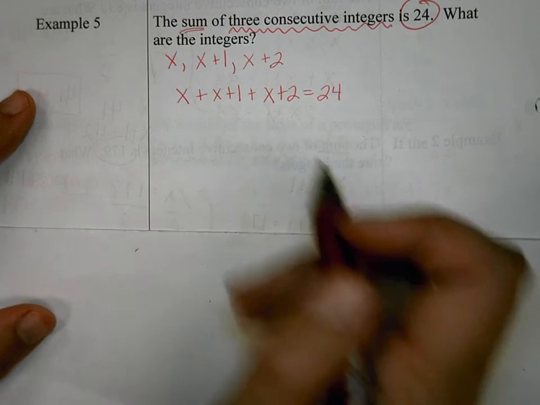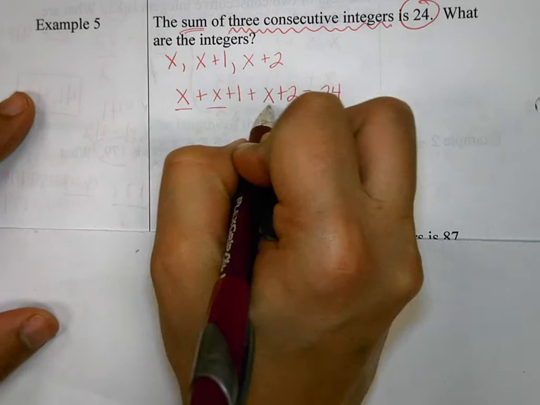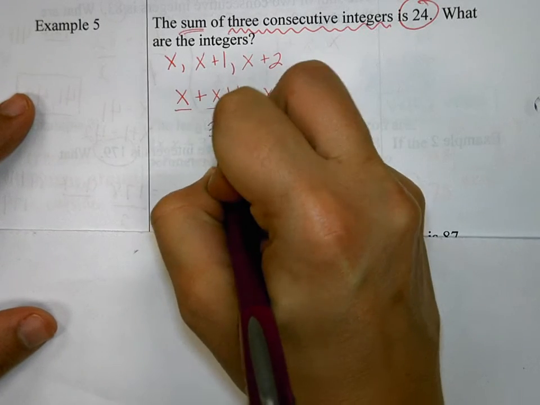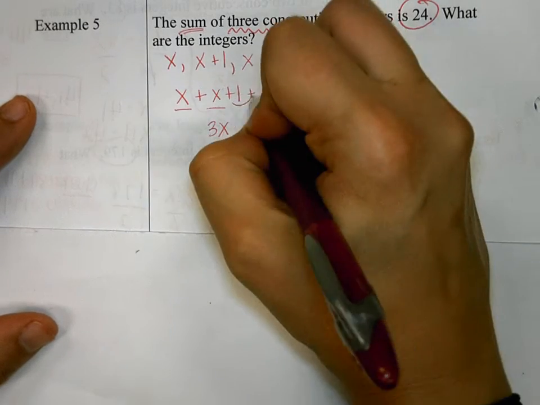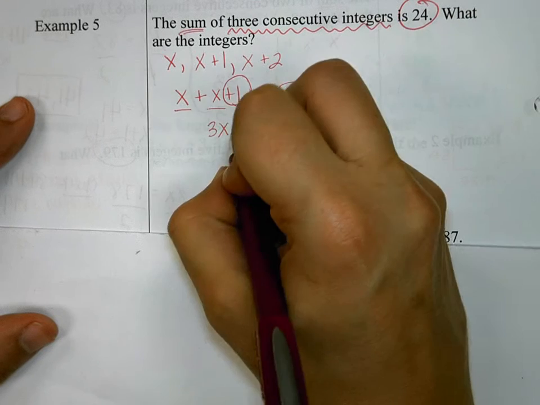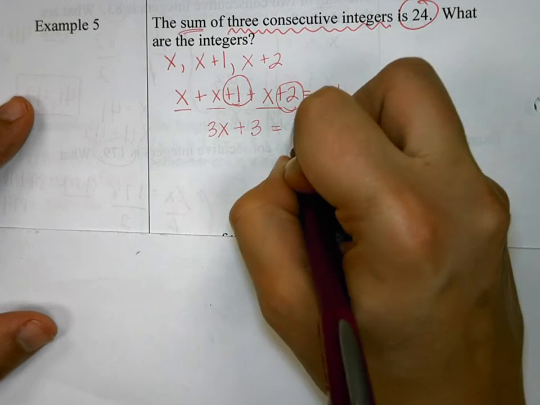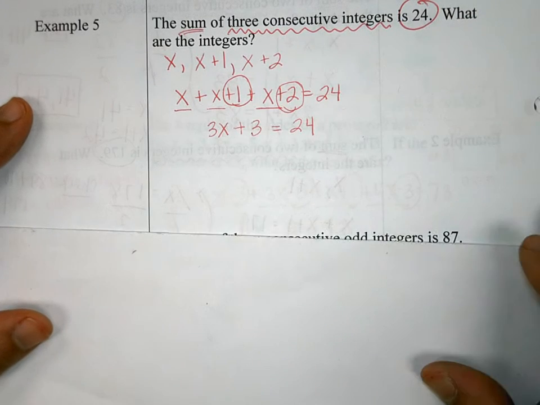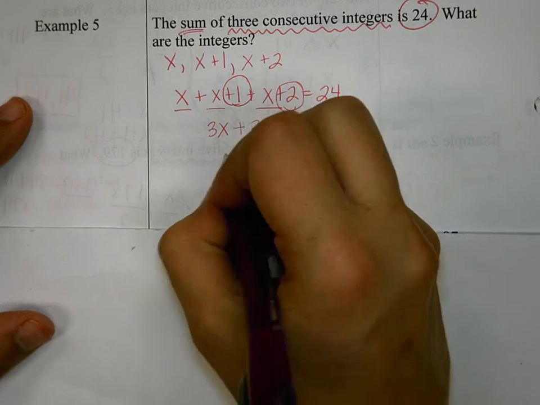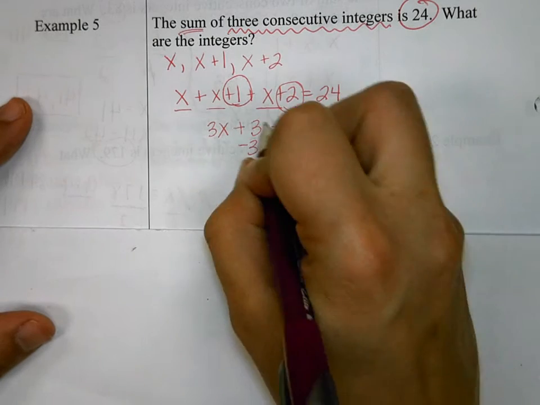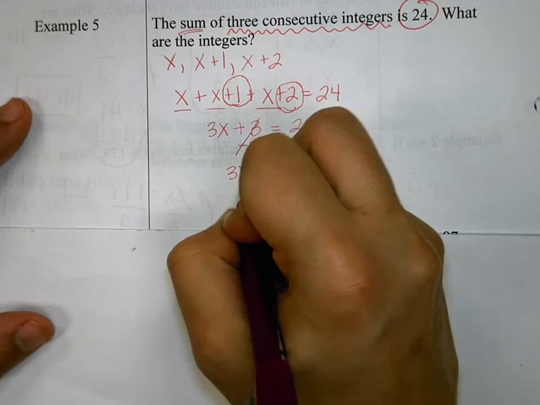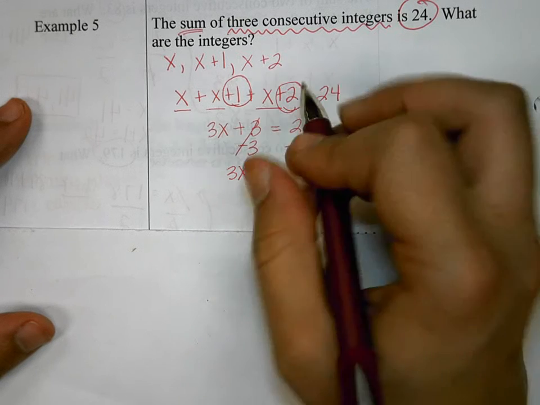Now let's combine like terms. I have x plus x plus x, so that gives me 3x, plus 1 plus 2 gives me plus 3, equals 24. Subtract 3 from both sides, and that's going to give me 3x equals 21.